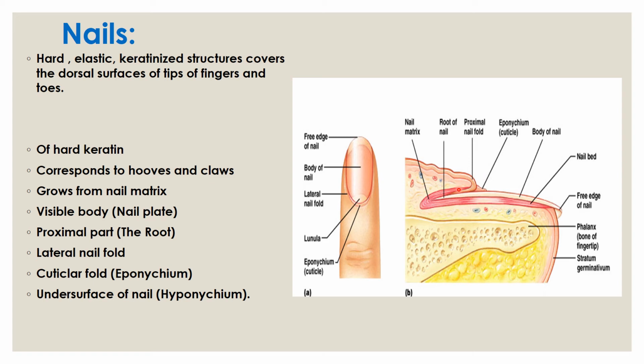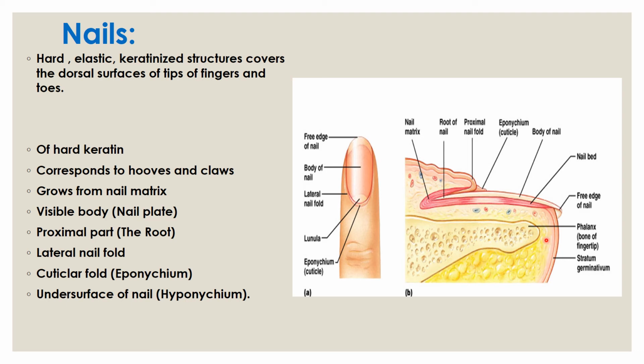You can identify here this cuticle or the eponychium, and this is the nail matrix which is embedded inside, and this is the growing part of the nail. So this is showing you the distal phalanx, over which there is the epidermis layer, which consists of only the stratum basale and the stratum spinosum.